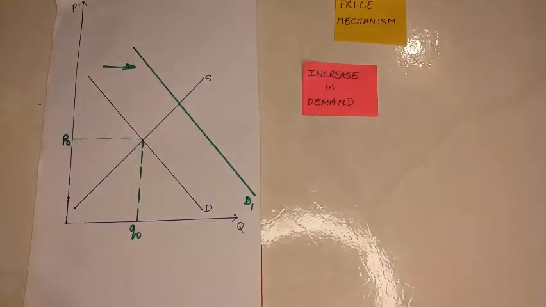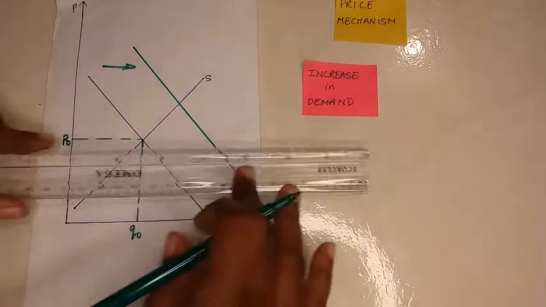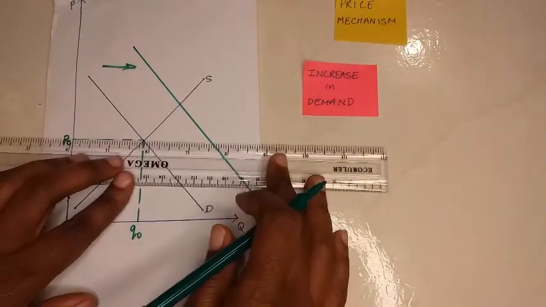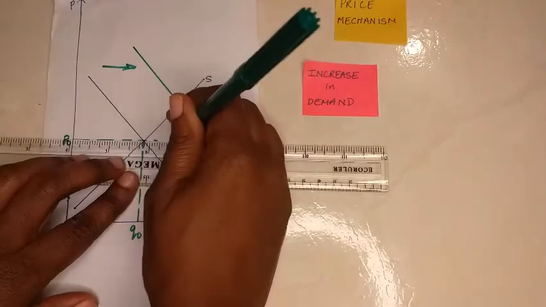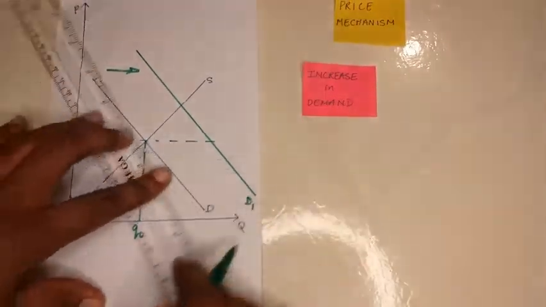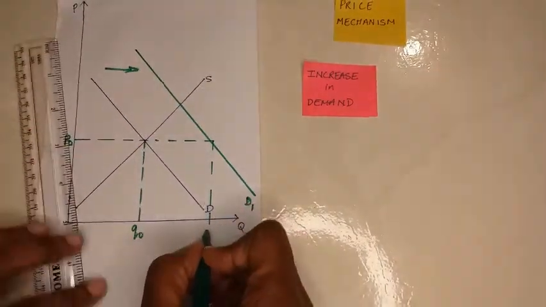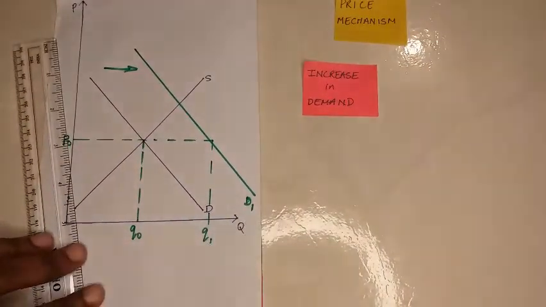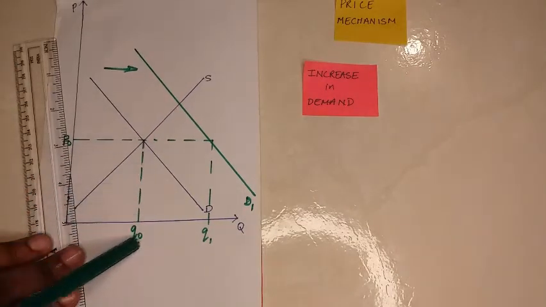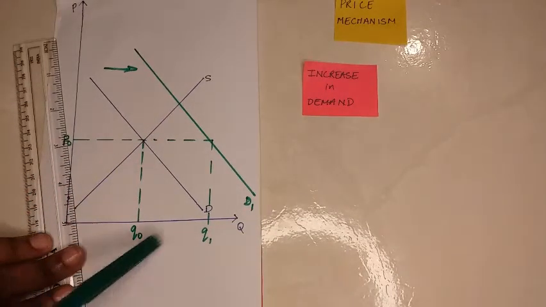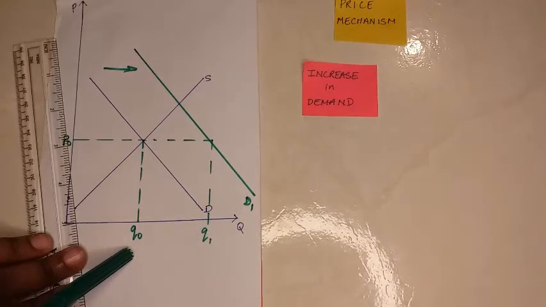What goes on there? If price remains at P0, what will occur is we will have quantity demanded being at this new point here, we could call it Q1, and quantity supplied still being at Q0. So quantity demanded is greater than quantity supplied, and that causes a shortage.